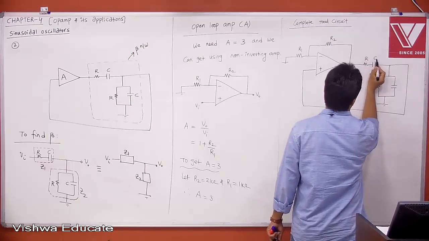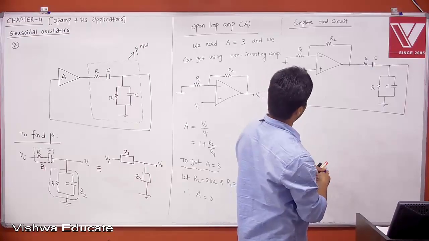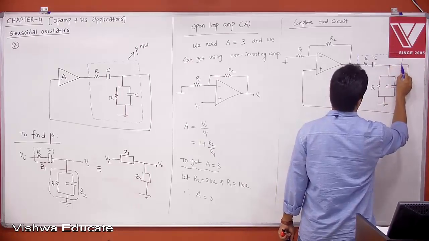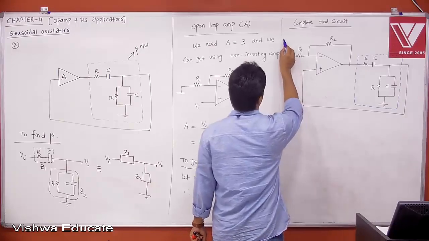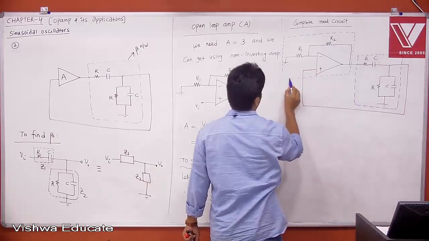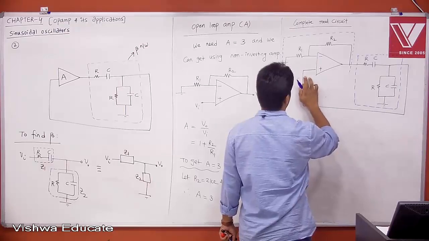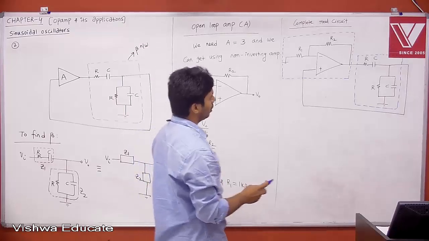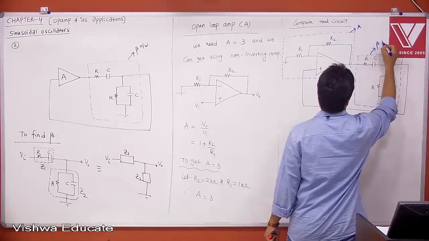Therefore, this is RC, RC, and this is your beta network. This is your open loop amplifier A, and this is your beta network.